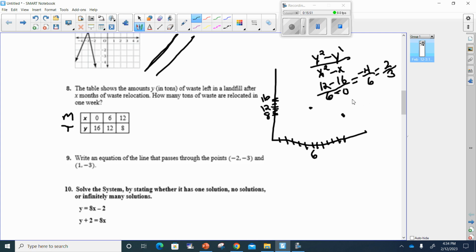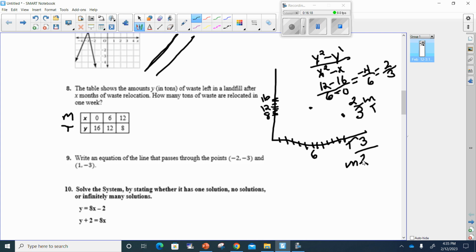So if every 2 months I lose 3 tons, then I can also say that 3 tons are lost in 2 months.